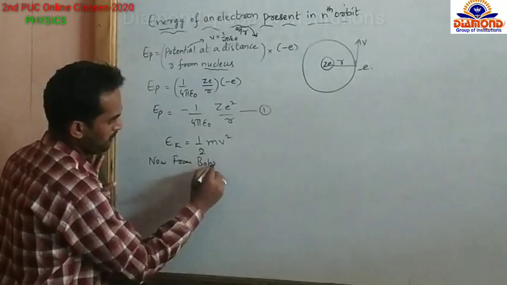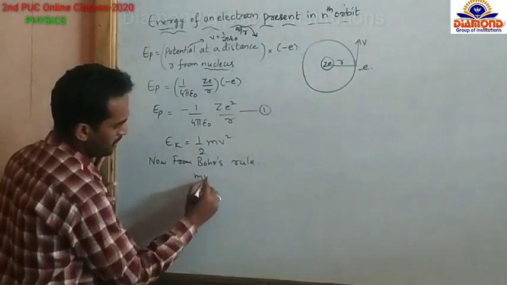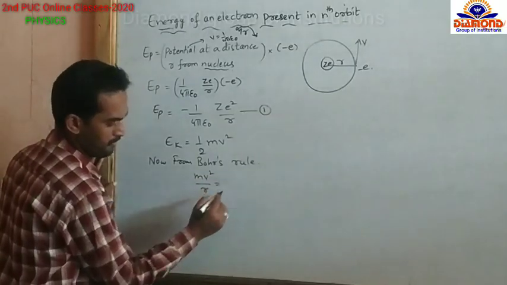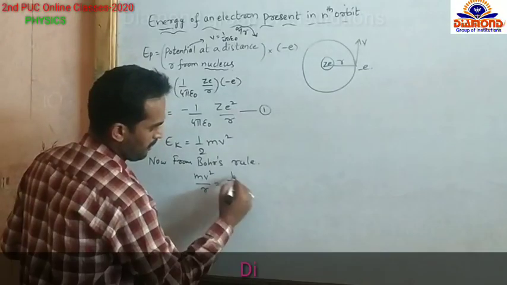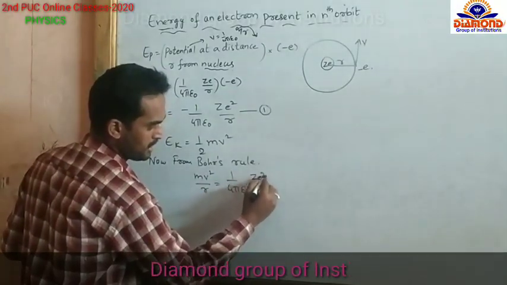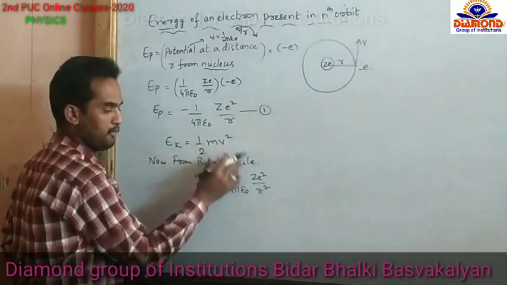Now from Bohr's rule, what is the formula? mv square by r, that is the centripetal force, is equal to the electrostatic force, 1 by 4 pi epsilon naught Ze square divided by r square. We want the mv square value from this.